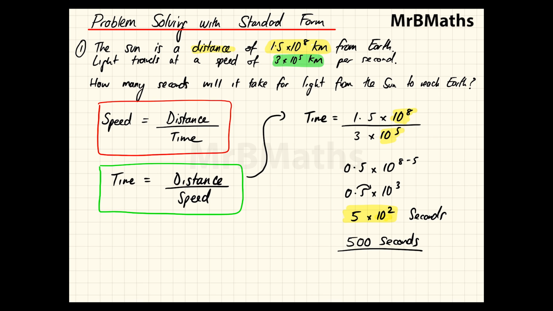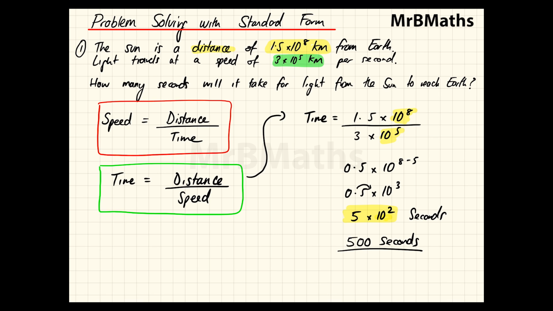I did mention that after enough practice you won't need it, so that's how I managed to do it so quickly. But if you're not sure, go on to the very first video on standard form, and you'll see a table there, and I explain how I go from standard form to ordinary numbers. So it takes 500 seconds for light from the Sun to reach Earth.